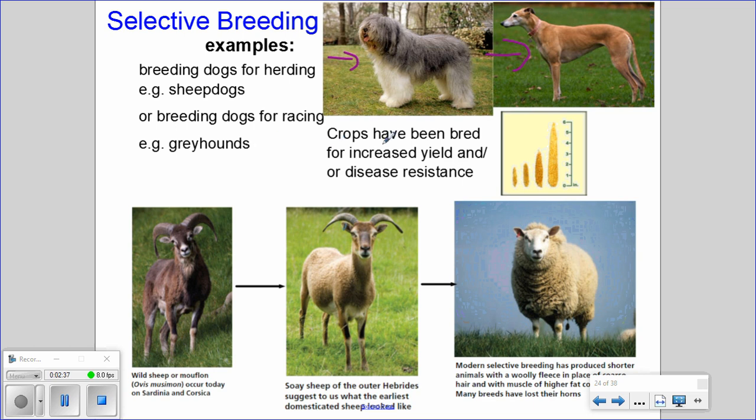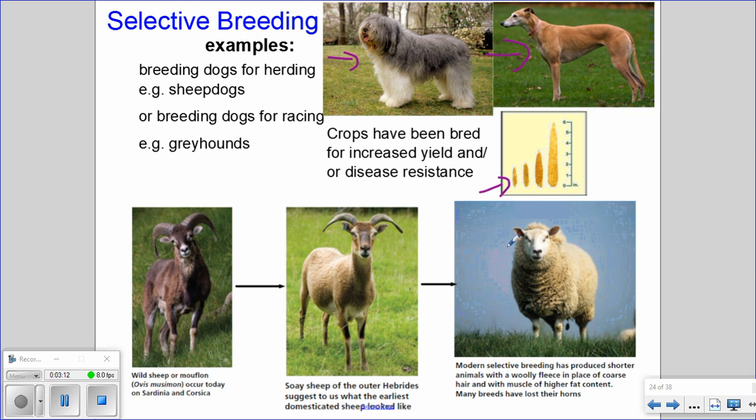Another example is corn, which started out as a little bit of millet, and traits were selected for to have larger, juicier, and sweeter kernels until we have the variety of corn that we know today. Crops over time have also been bred for increased yield and disease resistance if possible.